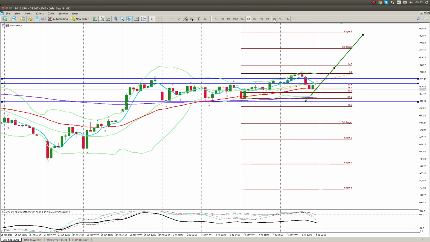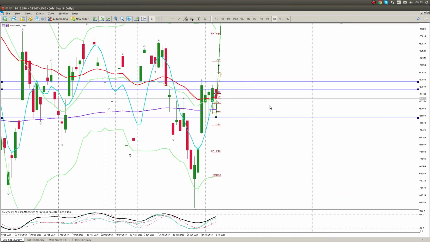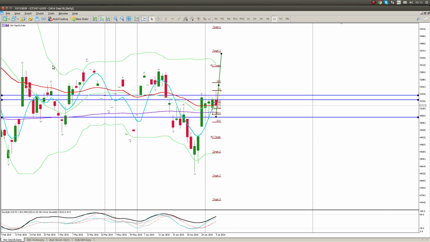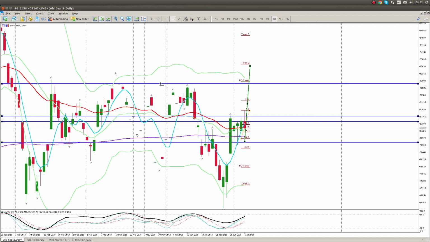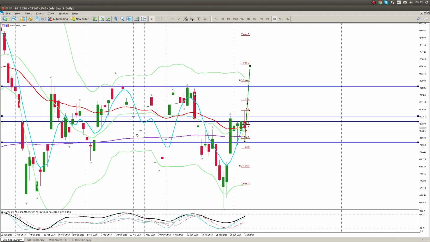And I'll go to the daily so you can see. So the breakout target or the measured move would be pretty much above this level here. Somehow doubt that maybe in the long run, but I think the first area of profit taking is going to be pretty much here.